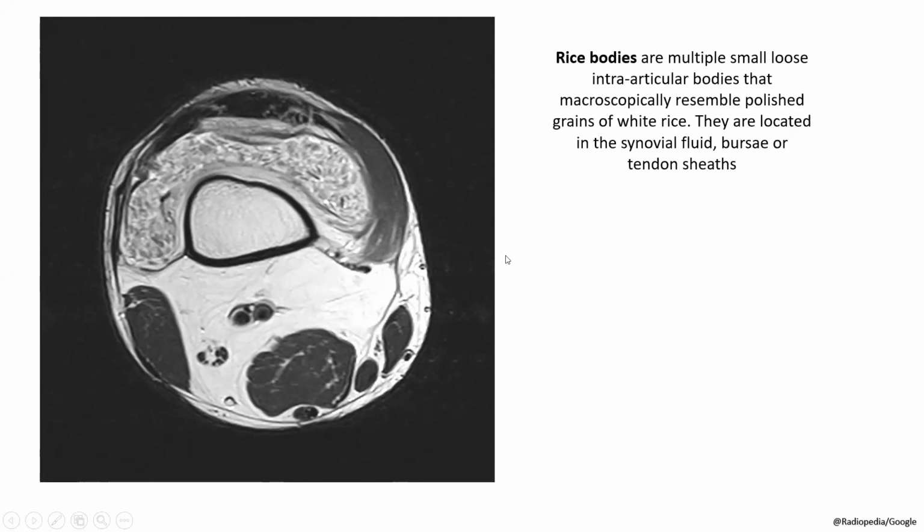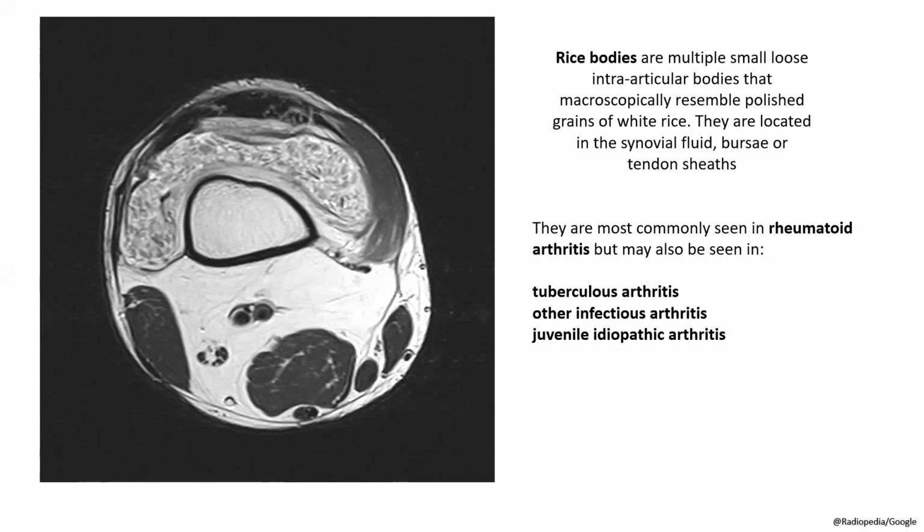So these are rice bodies, which are described as multiple small loose intra-articular bodies, which resemble rice, and they are located in synovial fluid, bursa, or tendon sheath, and they are classically seen in rheumatoid arthritis, but they can also be seen in infectious arthritis like tuberculous arthritis, and they can also be seen in juvenile idiopathic arthritis. So these are rice bodies.